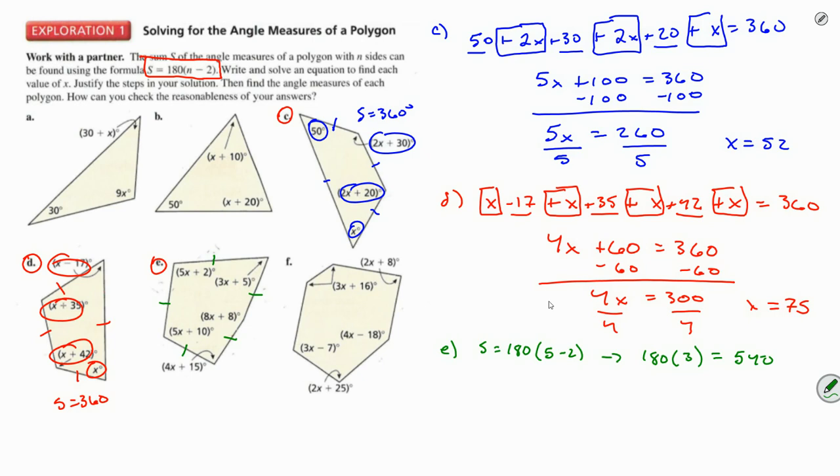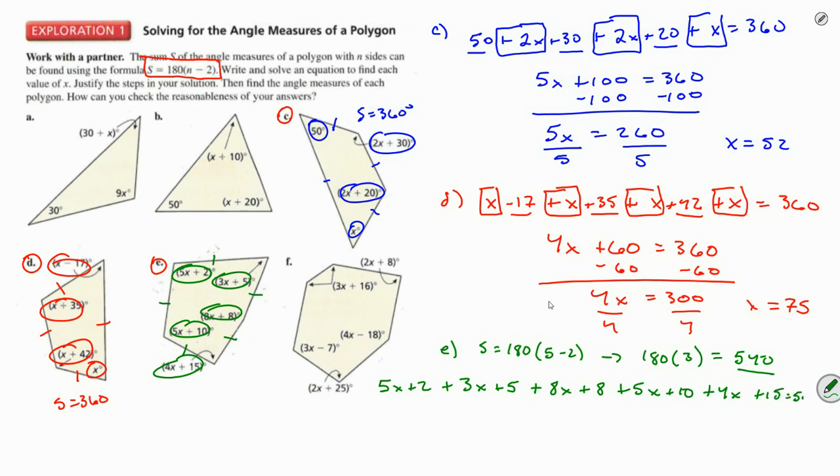So now I can set an equation again. I'm going to take this plus this plus this plus this plus this equal to 540. Big old string here. 5x plus 2 plus 3x plus 5 plus 8x plus 8 plus 5x plus 10 plus 4x plus 15 equals 540.